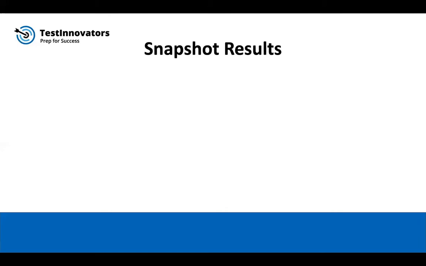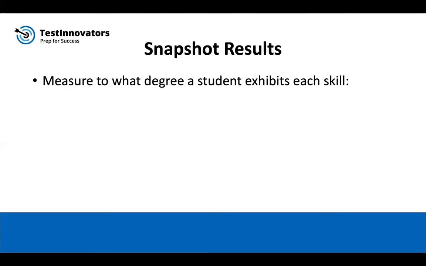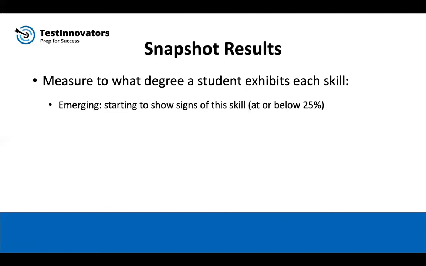The results measure to what degree a student exhibits each of the skills that we talked about initially. The 3 different categories are: emerging, which means that the student is starting to show signs of that skill. And these are all still based on norm groups.